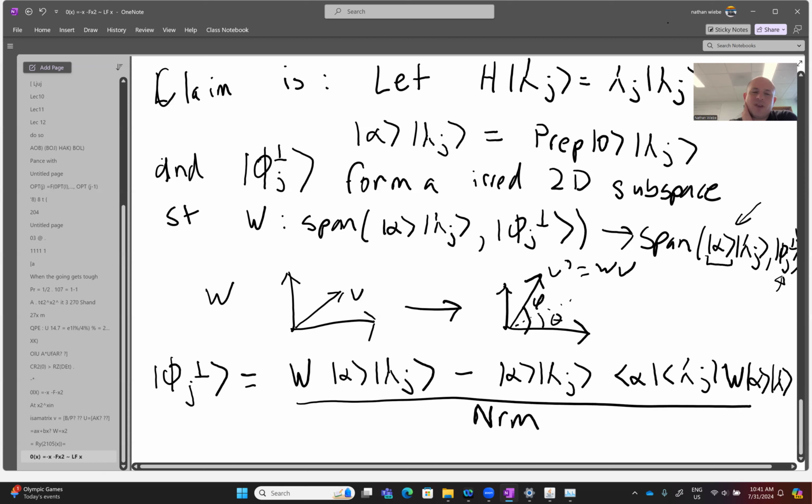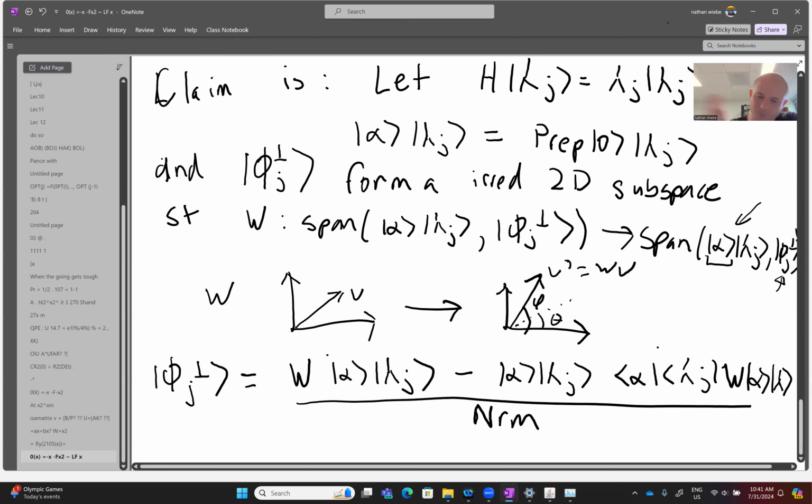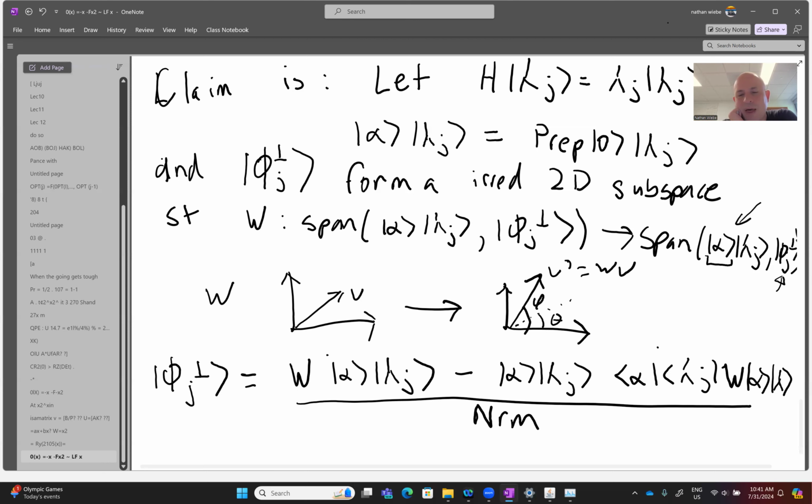These two vectors are clearly orthogonal, because if we take the inner product between phi j perp and alpha lambda j, the inner product here will cancel the inner product there. So these two vectors are at least orthonormal, but it isn't necessarily obvious that W will actually form an irreducible two-dimensional subspace that has both of these vectors in it.